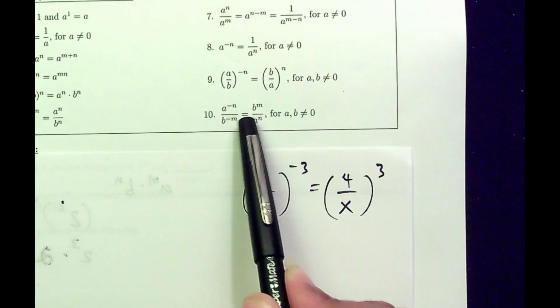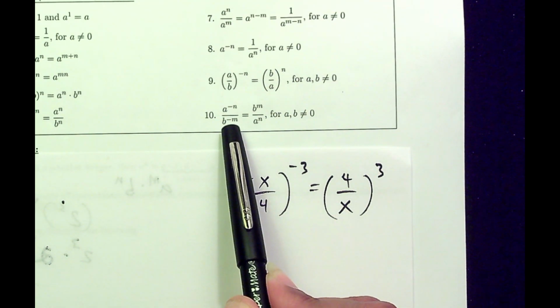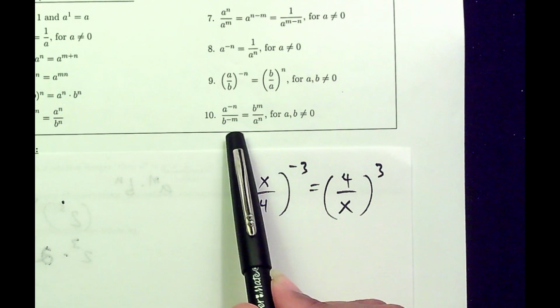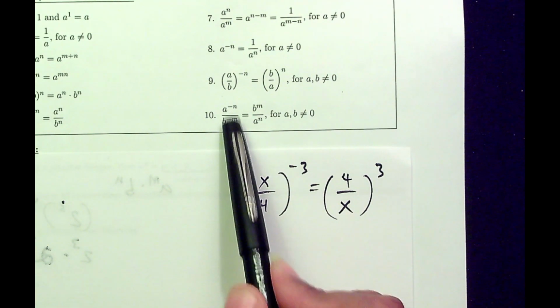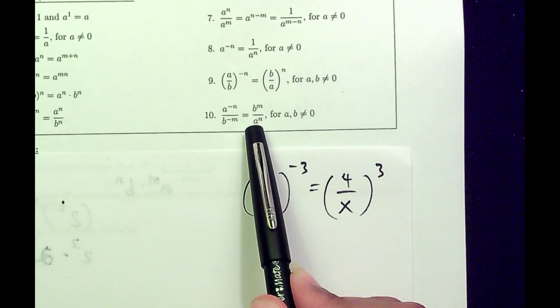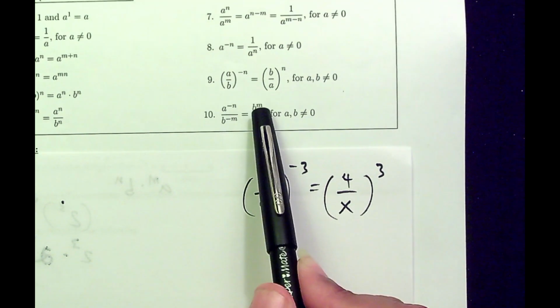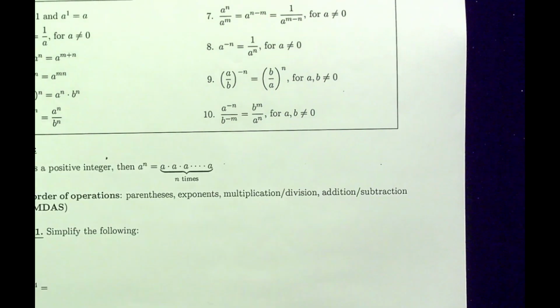And we're going to do many examples like this. So basically, if you have negative exponents in a fraction like that, they migrate. They trade places. If they're in the bottom, they move to the top. If they're on the top, they move to the bottom, like here. A is on the top, it moves to the bottom. B is on the bottom, it moves to the top. Okay, so we're going to do multiple examples of that.